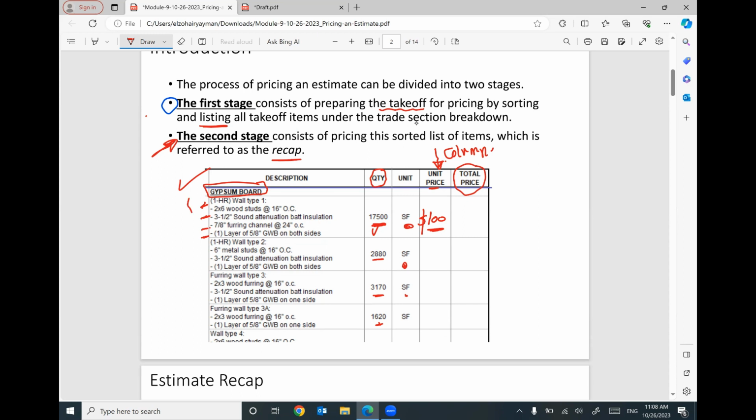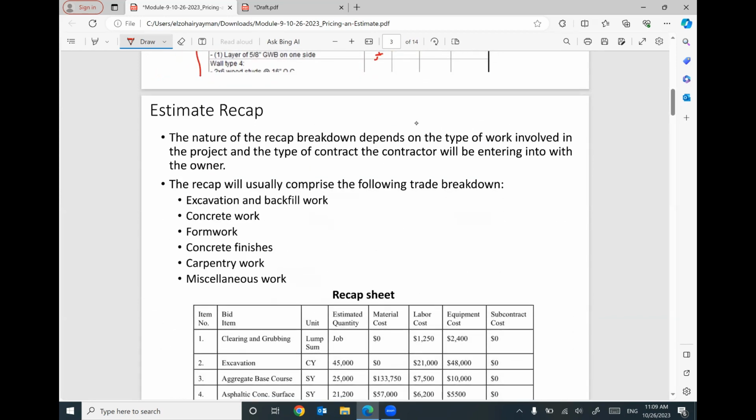So I will list all of them and what you did in the first stage, what is the quantity take-off for each item, and what is the unit used. Then in the second stage, I will list the unit price for each. Once you get this column and this column, just multiply one by the other, and you can get the total cost of your item.